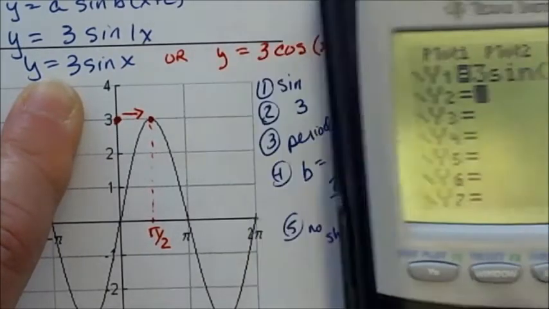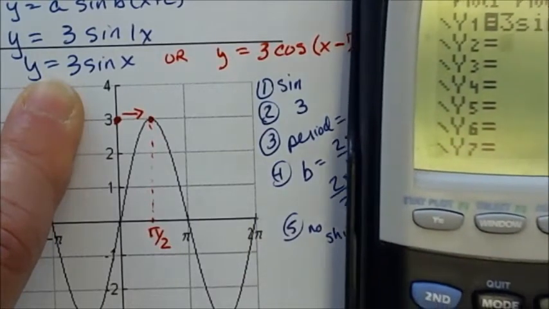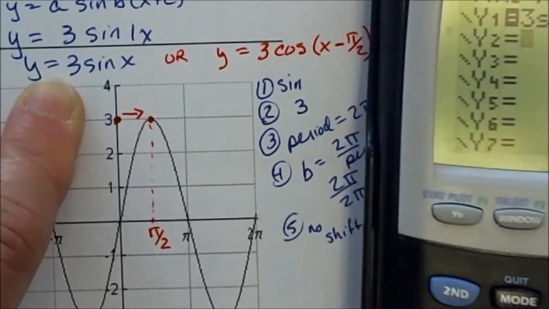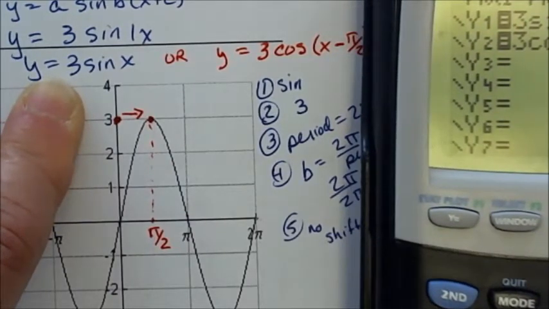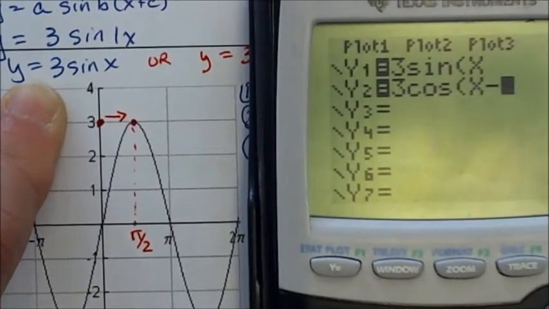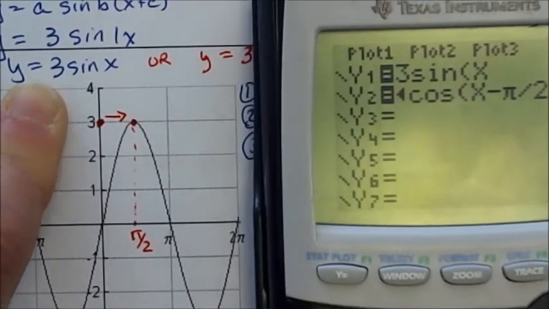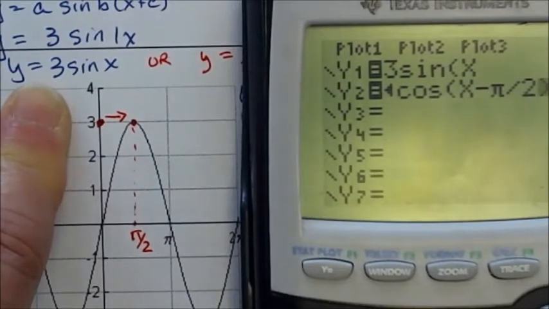And then key in y equals 3 cosine, parentheses, x minus pi over 2, close parentheses. So that you can see the difference between the two, I'm going out in front and change this by pressing enter, there, I want that circle there.